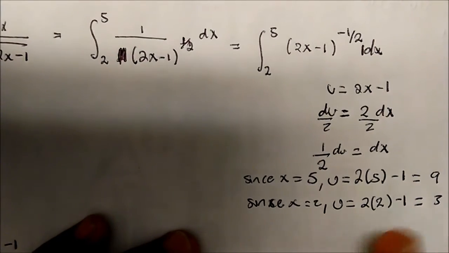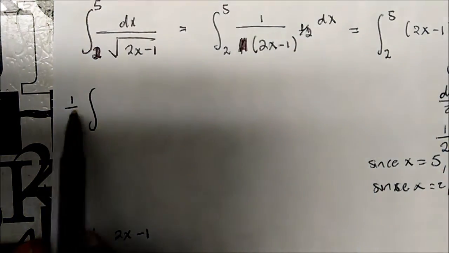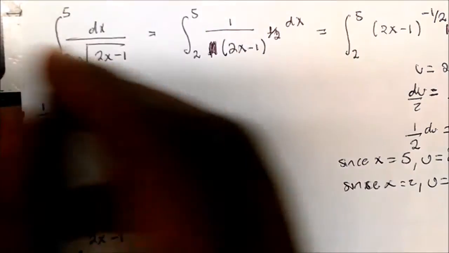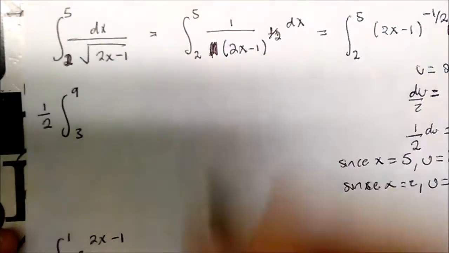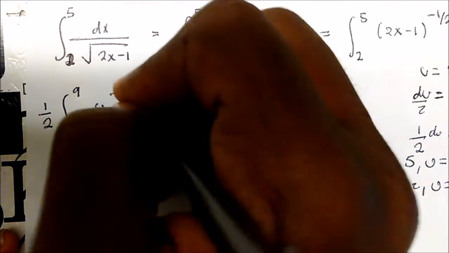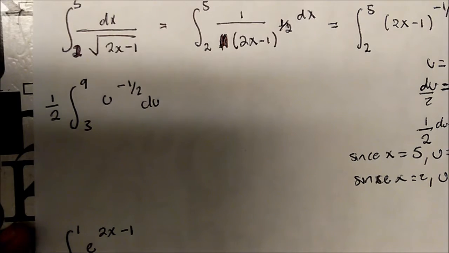This is just 9, and this is just 3. What this allows me to do is set up my integral in a different way. I could rewrite my integral with the 1/2 factored in, from this 1/2 du, from 3 to 9 of u to the negative 1/2 du. And this is my new integral. Now I could go ahead and use my x to the n plus 1 divided by n plus 1 rule.